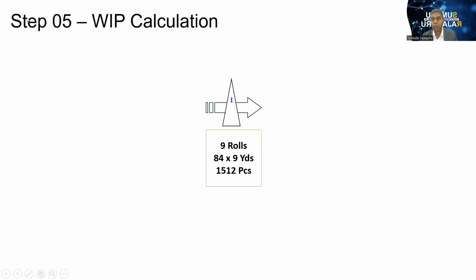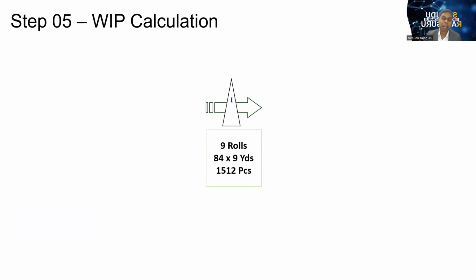Step number 5. Now we already know that in between two processes there is some WIP, so we have to calculate the WIP. Here it is 9 rolls, which means it is in roll form. Then we have to convert that roll form into pieces, because finally we have to convert into time.